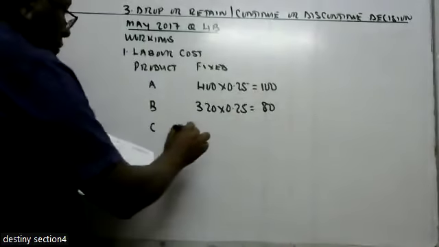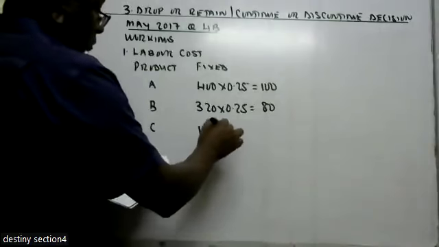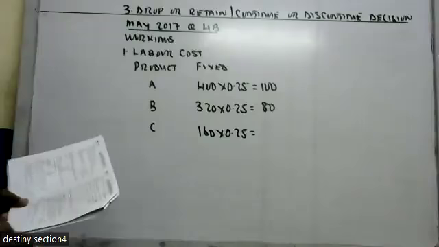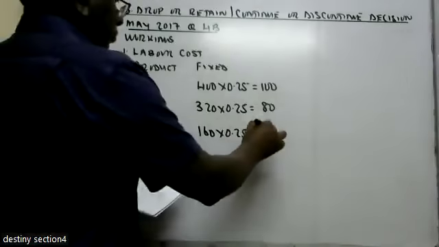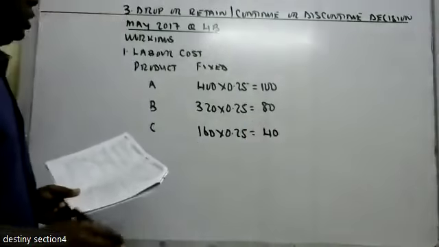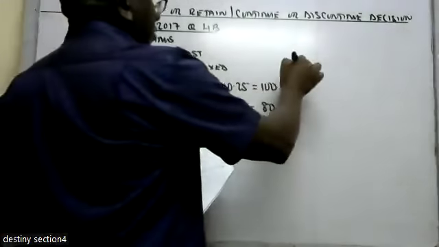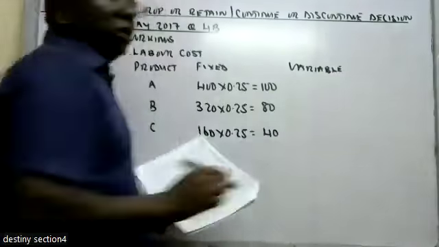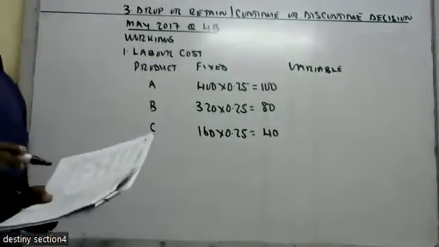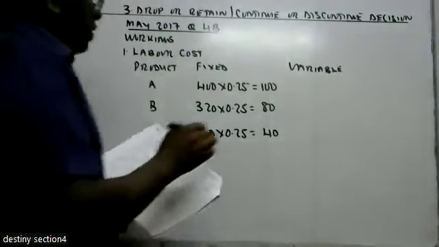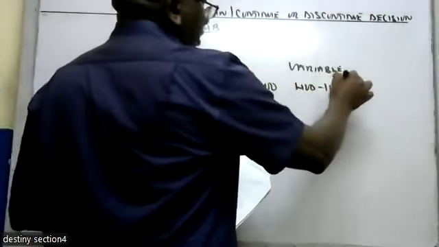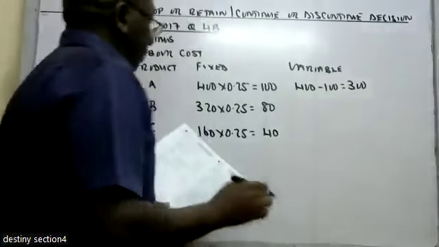C is 160 multiplied by 0.25. 40. I have variable. You want to know the variable amount, 400 minus the fixed. That will be 300.